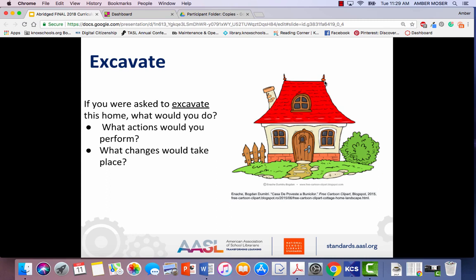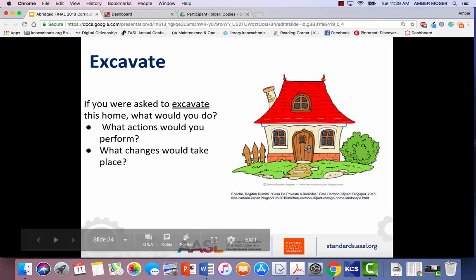You might be thinking things along the lines of, well, if I had to excavate it, I would probably be digging up the foundation. I might demolish the whole thing. I might have to scrap it and start over. In any of those instances, you probably wouldn't have this same house sitting in this same place as you did before.